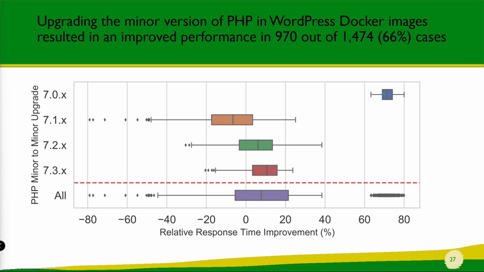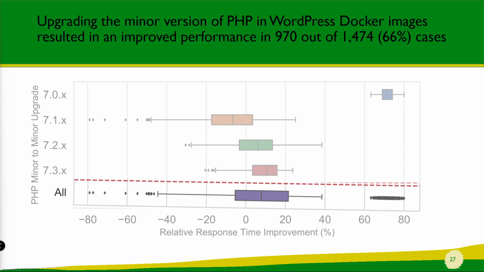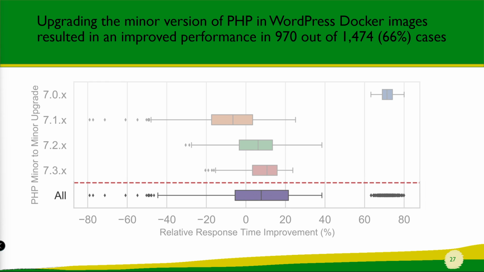This figure shows the relative response time improvement for PHP minor to minor upgrades. The last box plot in this figure shows the distribution of the relative average response time improvement when upgrading all WordPress Docker images with the same PHP minor version to the next minor version.